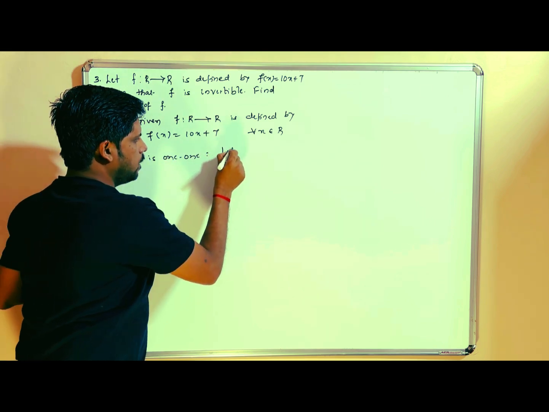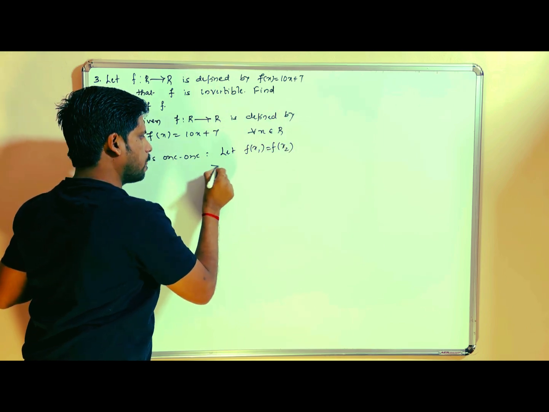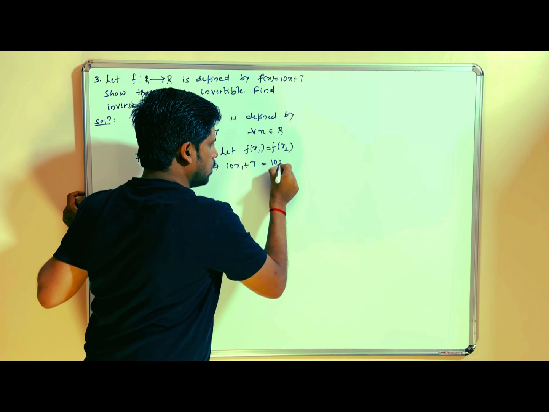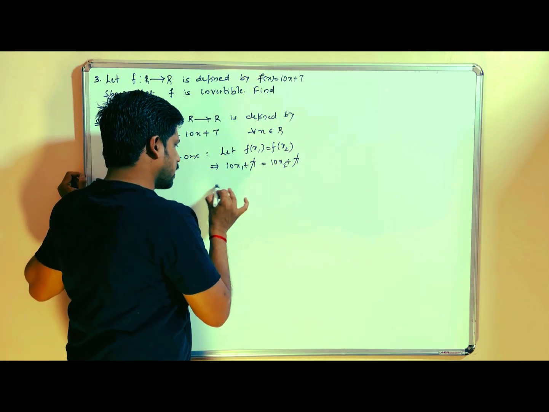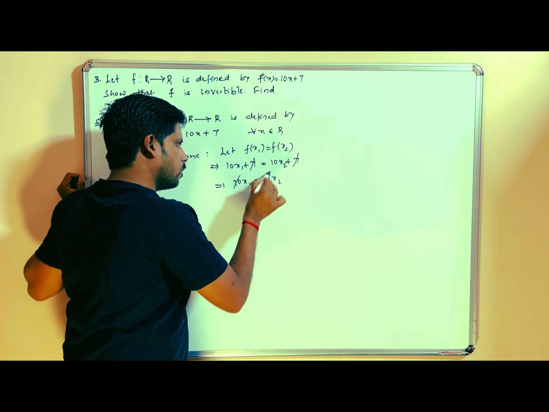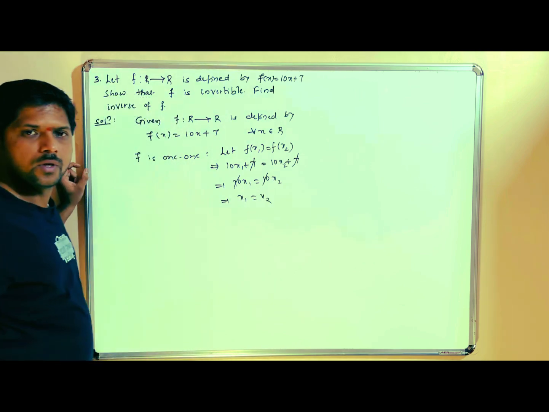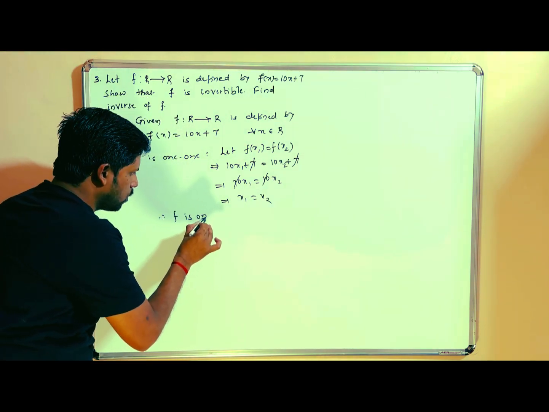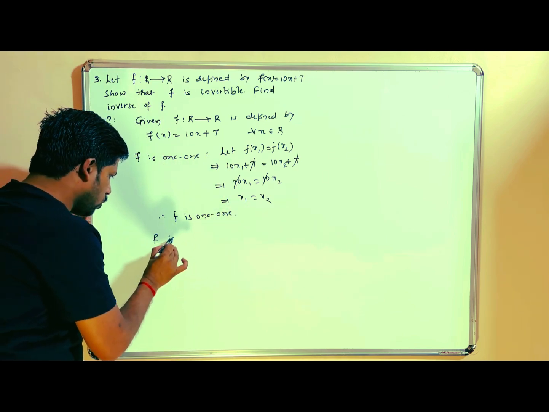So let f of x1 is equal to f of x2, then 10x1 plus 7 is equal to 10x2 plus 7. So plus 7 gets cancelled, 10x1 is equal to 10x2, 10 gets cancelled, we remain with x1 equal to x2. Then we say that f is one-one.